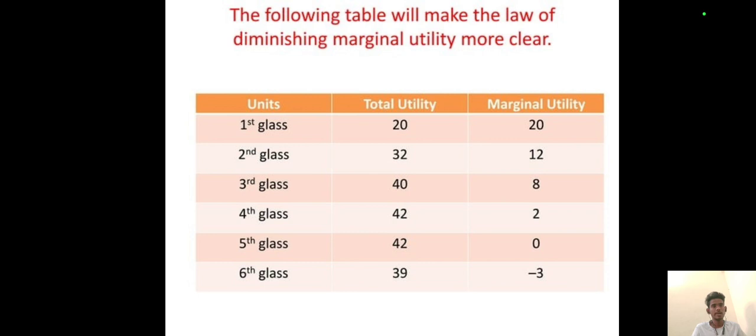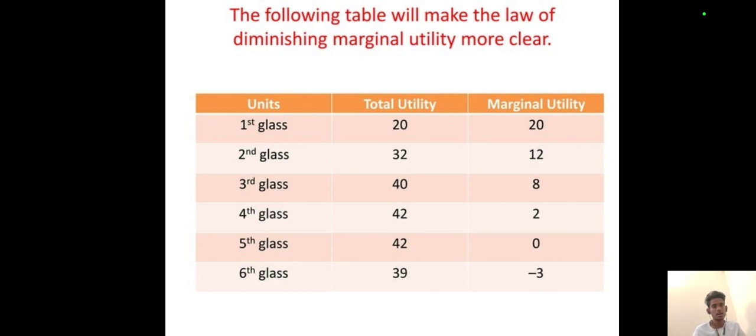The following table will make the law of diminishing marginal utility clear. It contains the units, total utility and the marginal utility. For the first glass, the total utility is 20 and the marginal utility is 20.